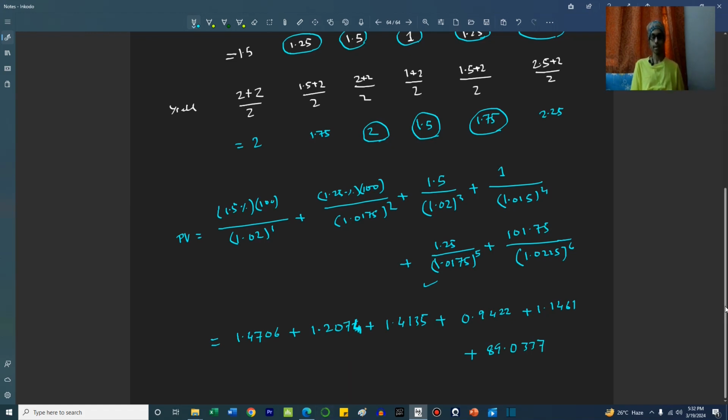So we add this all up, plus 1.1461 plus 0.9422 plus 1.4135 plus 1.2074 plus 1.4706. This comes to be 95.2135. This is our present value for this floating rate note.